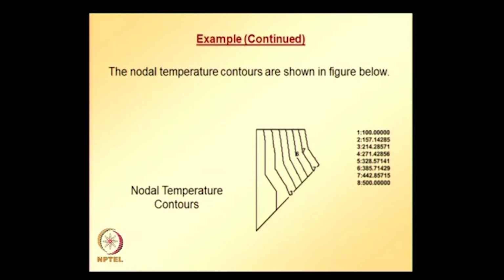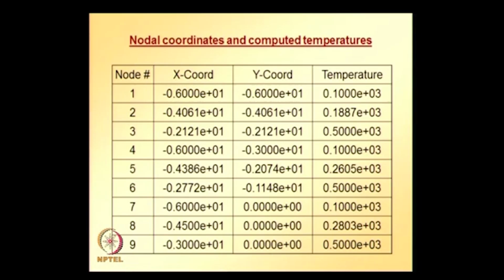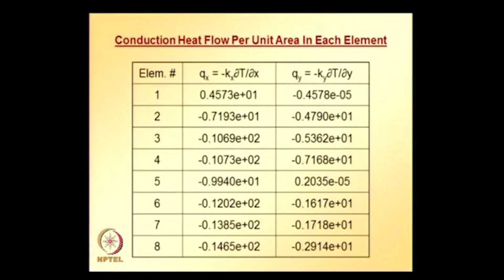And numerical values at all the nodes are given in this table: nodes 1 to 9, and elements 1 to 8, heat flux along x direction and y direction, they are given here.